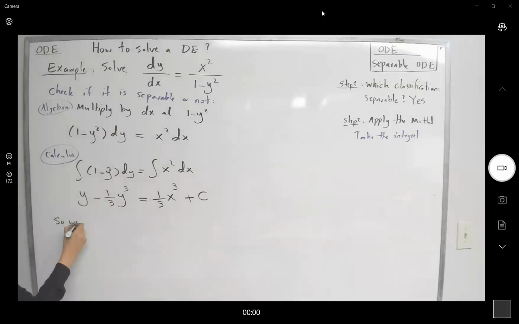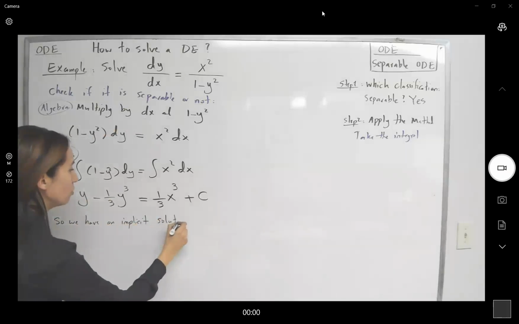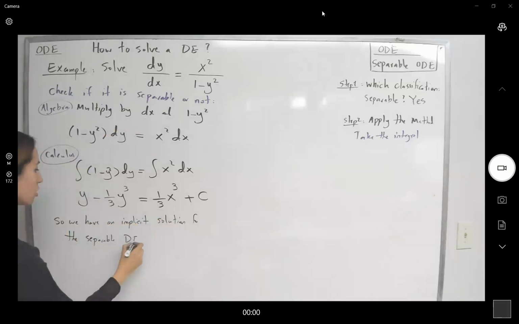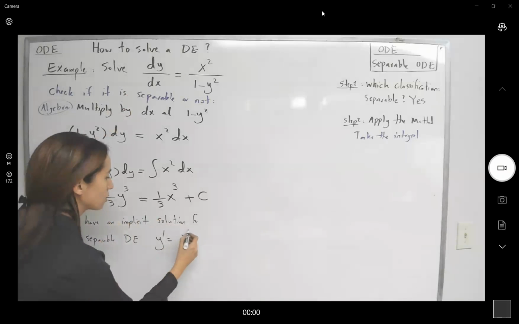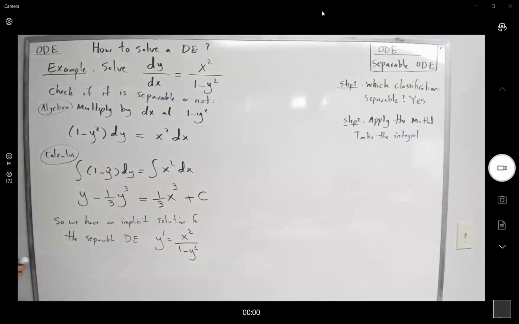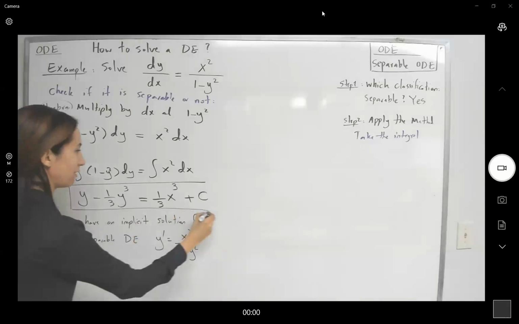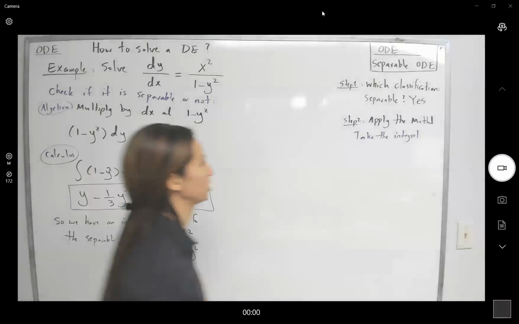So we have an implicit solution for the separable differential equation y prime equals x squared over 1 minus y squared. Okay, we found the solution for this separable differential equation.